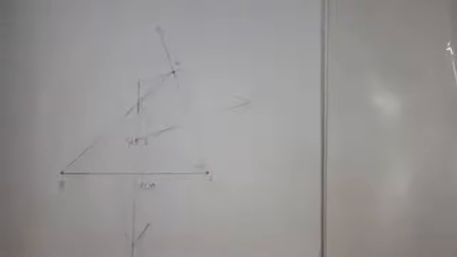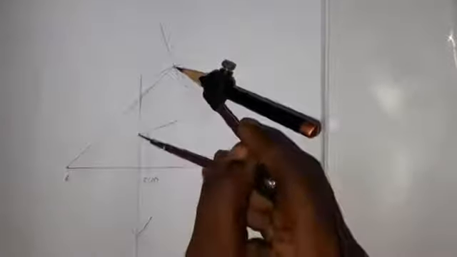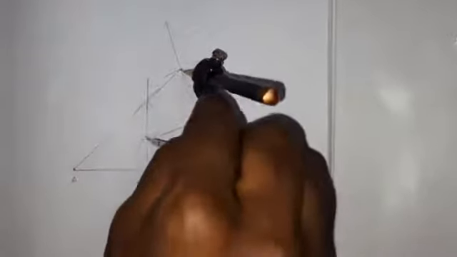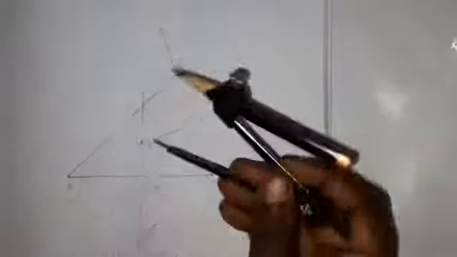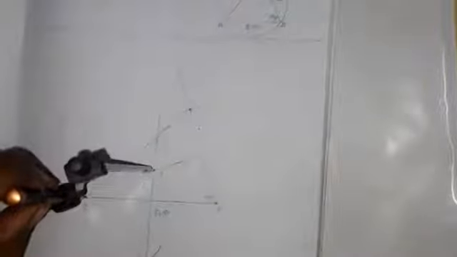Then you should take a compass and keep the compass needle at S. Adjust with any one of the vertices. See here, one vertex I adjust. Then you check whether you are getting the same distance for C and B. Then keep the compass needle at S once again and repeat. Take the distance of SA. See here, I have taken it.